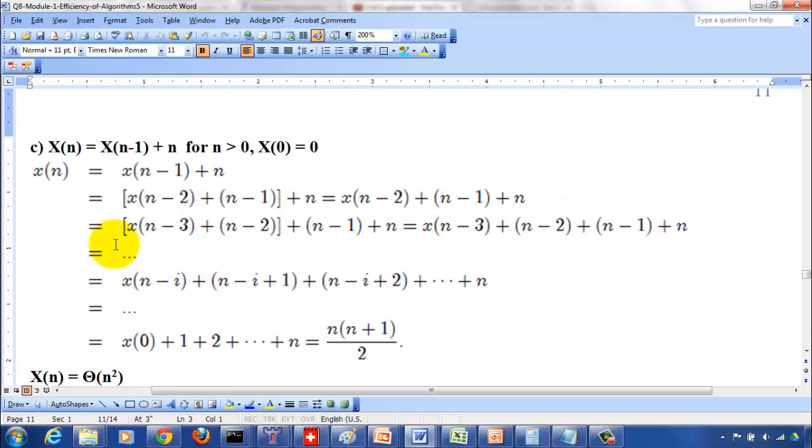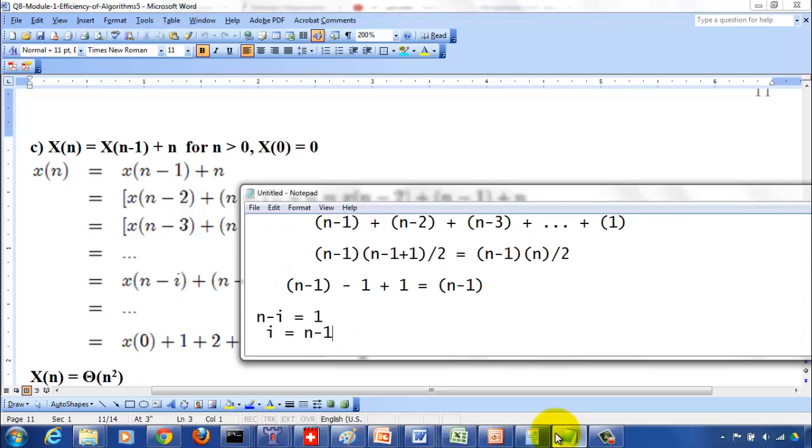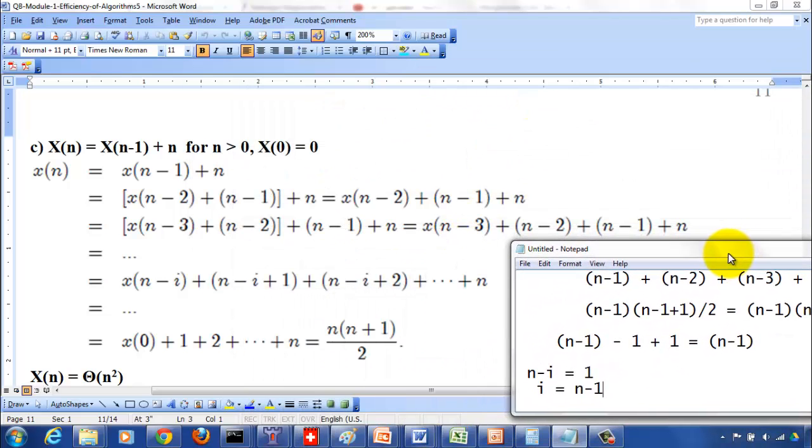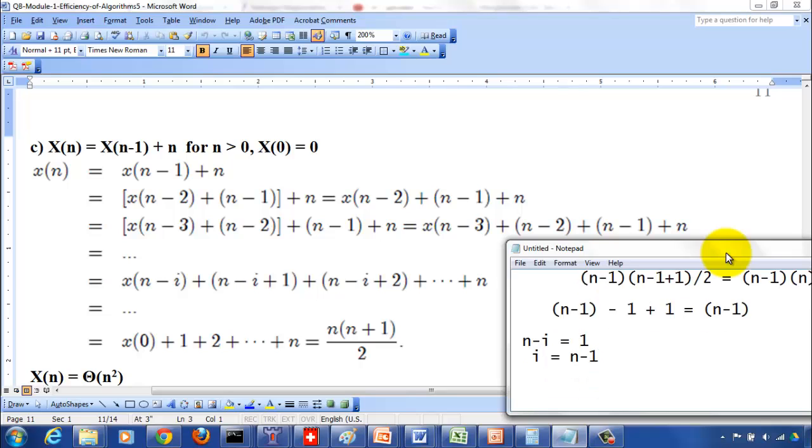So it is x of n minus i plus the terms from n minus i plus 1, this is like i minus 1. So it's something like this. Right, x of n minus i plus, this is i terms, right? So 3, then 3 minus 1.